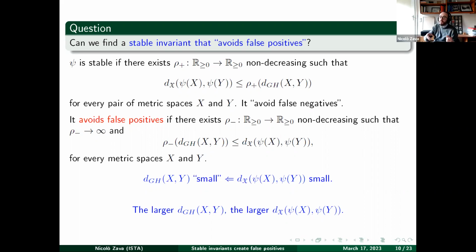You have a false positive if two metric spaces are actually very different, but your invariant tells you no, they are kind of the same object. Okay, so that makes sense. I think you may find some statisticians will push back on that point, but it's fine to me. I understand. I see. Thanks. I would frame the question very clearly then.